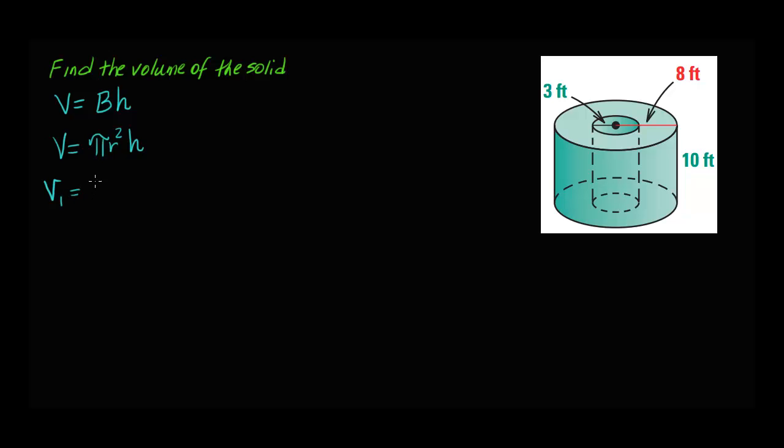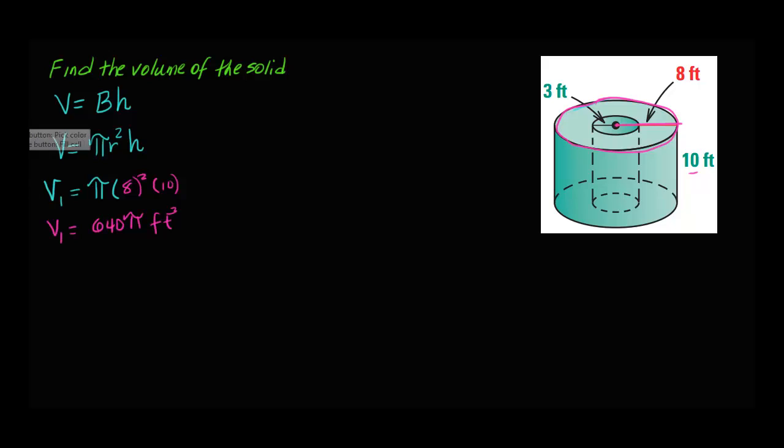Okay, and from the diagram I can see that the radius of the big cylinder, which is this big circle out here, from the center to the outer edge, the radius is 8. So that's the radius I'm going to use, 8 squared, times the height, which is 10, times 10. And volume 1 will equal 640 pi. That's the volume of the big cylinder, cubic feet.